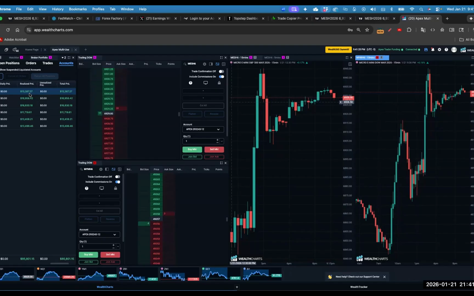In the $100,000 account, they require you to make $6,000, and you can do that over time, however long you take. But you got to make $6,000. Then after you make the $6,000, you got to give yourself a buffer, and you have to trade a minimum of 5 days in profit to make the buffer.